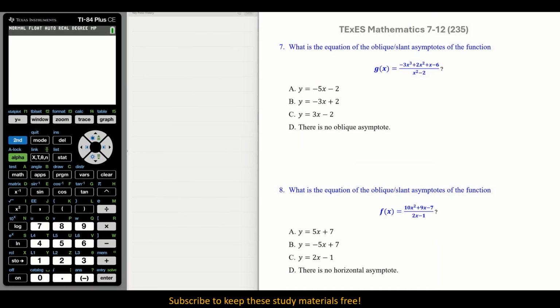Number 7, what is the equation of the oblique or slanted asymptotes of the function g of x? Okay, so first we need to look at the exponents of our leading terms, and 3 is one more than 2, so we know that we actually do have a slanted asymptote. So let's go ahead and solve that.